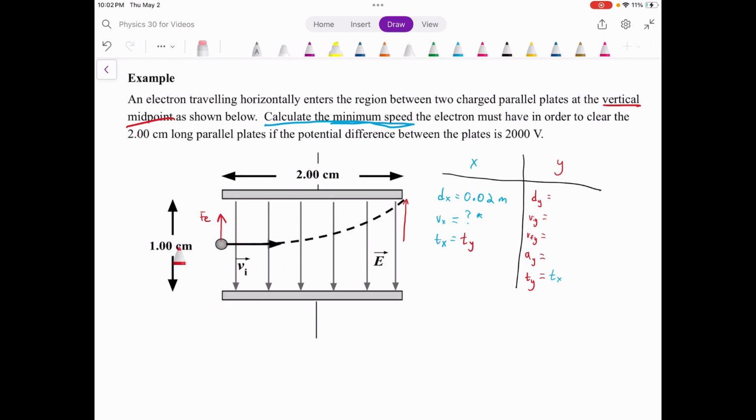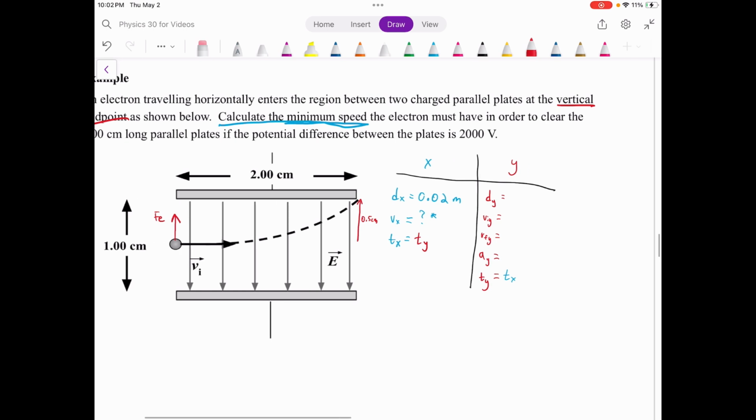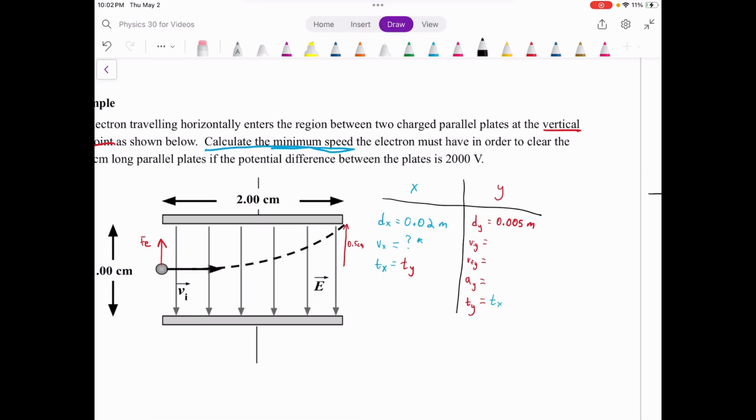So this is only half of 1 centimeter, this is 0.5 centimeters. That's the vertical displacement it's going to need to travel through. So 0.005 meters. And I've already committed to making dx positive and dy positive.